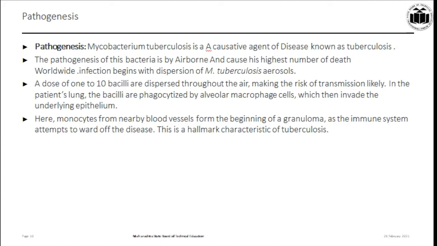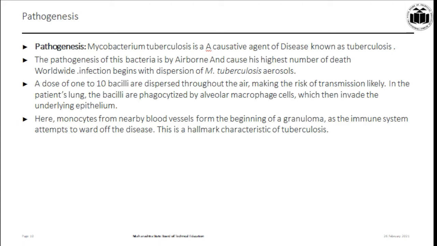A dose of 10 bacilli is dispersed when it is transmitted by sneezing and coughing, and hence from this the infection rate gets high.